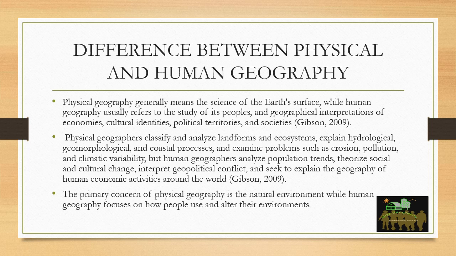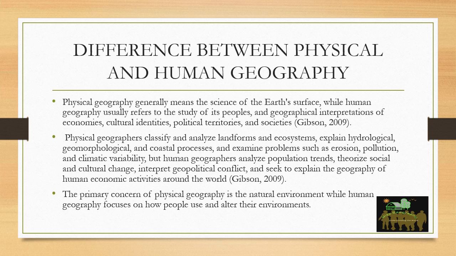Also, physical geographers classify and analyze landforms and ecosystems, explain hydrological, geomorphological, and coastal processes, and examine problems such as erosion, pollution, and climate variability. But human geographers analyze population trends, theorize social and cultural change, interpret geopolitical conflict, and seek to explain the geography of human economic activities around the world.